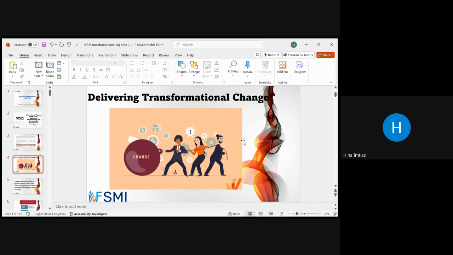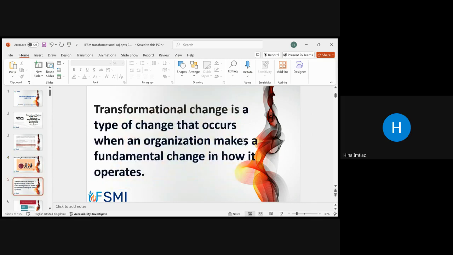All right. So I think you now have an idea of what transformational change is if any organization wants it regarding environment and sustainability. You can bring a huge shift.